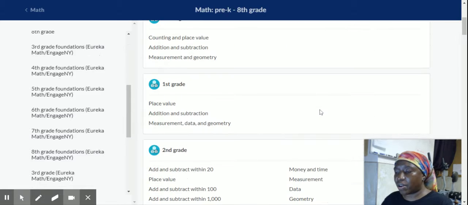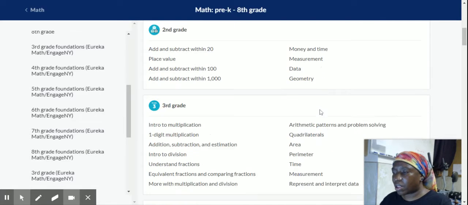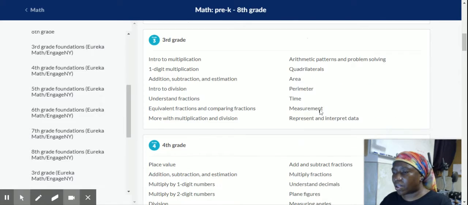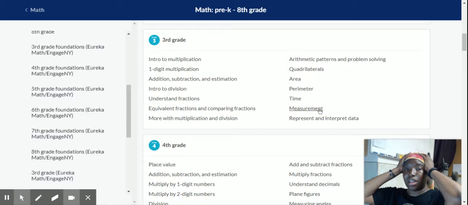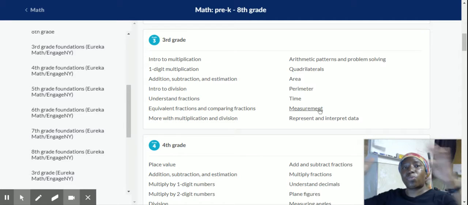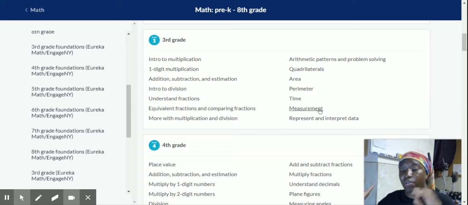And you see right here, they're really keeping your child's mind involved with the learning, the world of learning. Okay, so that's where your child's mind is. It says more with multiplication and division. Now remember, it says more with multiplication and division, right?